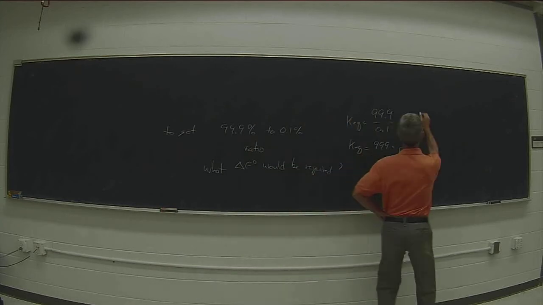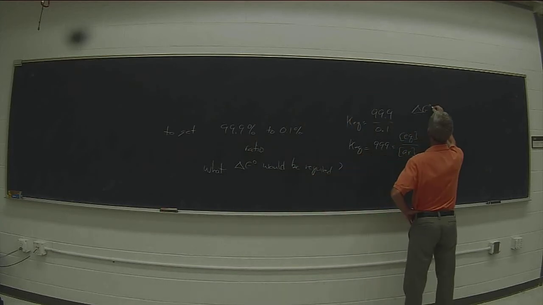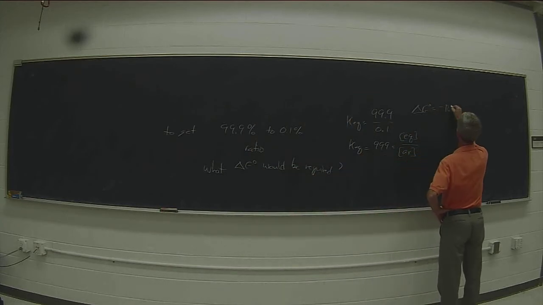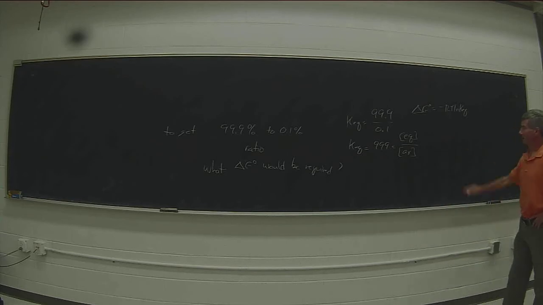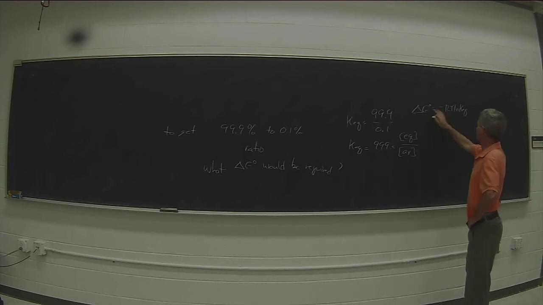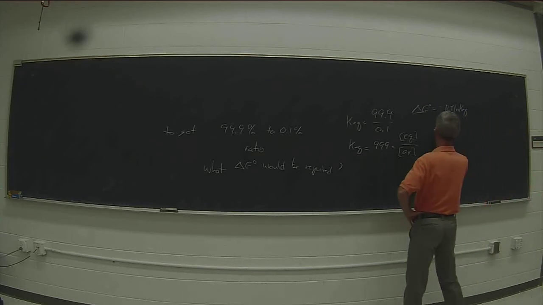So I can use delta G0 equals minus RT ln K, and I can plug in my equilibrium constant of 999 and calculate the delta G that would result.